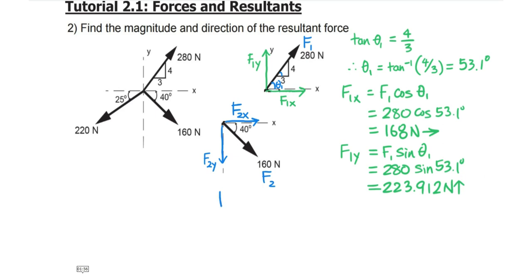F2X equals F2 cosine 40 degrees equals 160 cosine 40 degrees, and that equals 122.567 Newton pointing to the right.